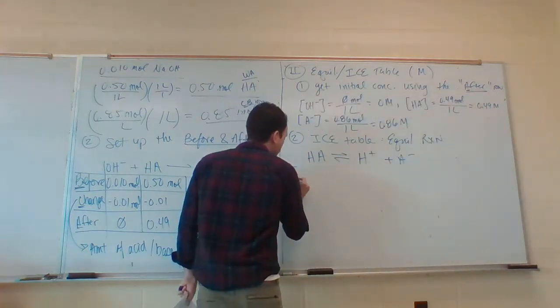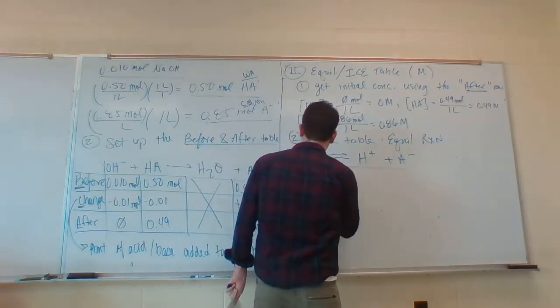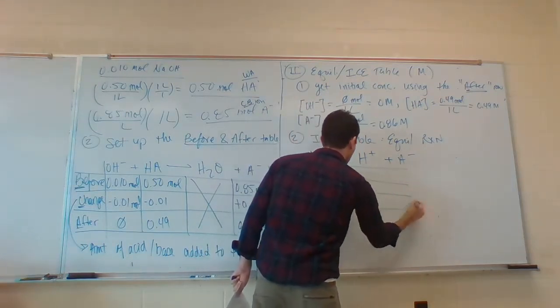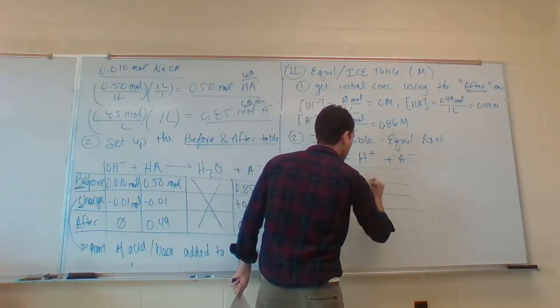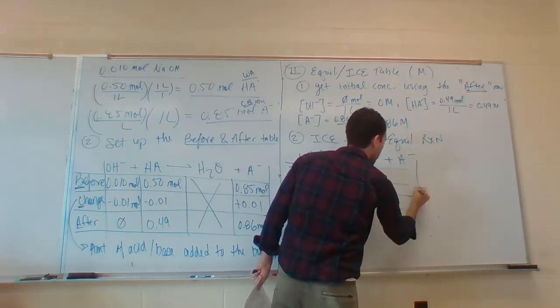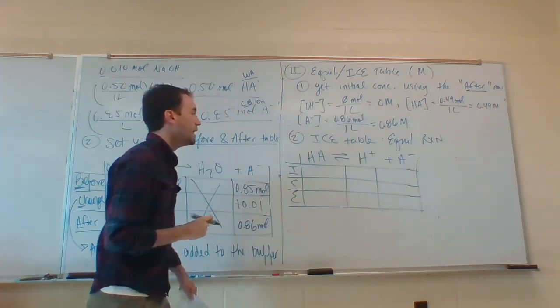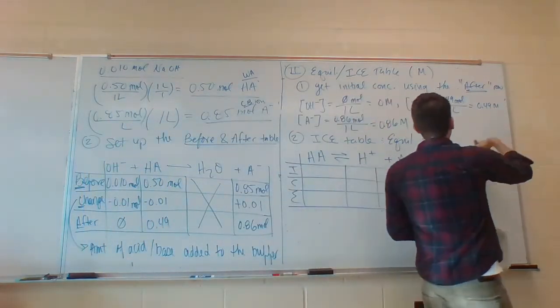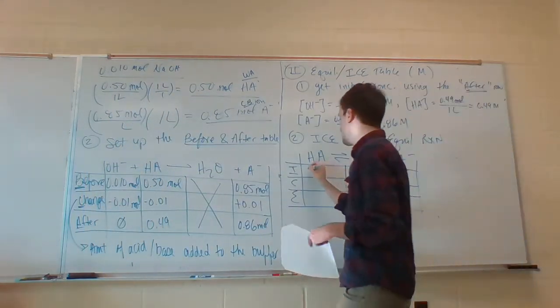So we have I, C, E. And we're going to fill out our initial row. Our HA was 0.49.